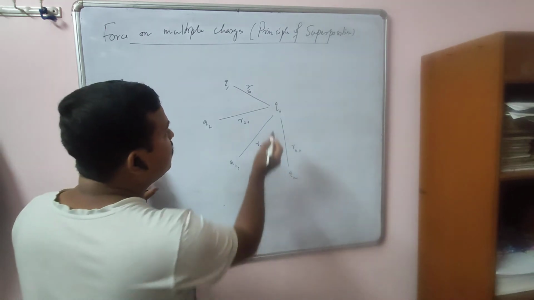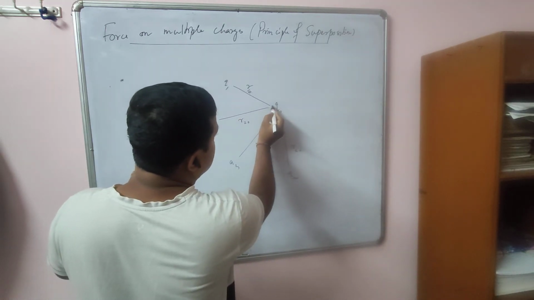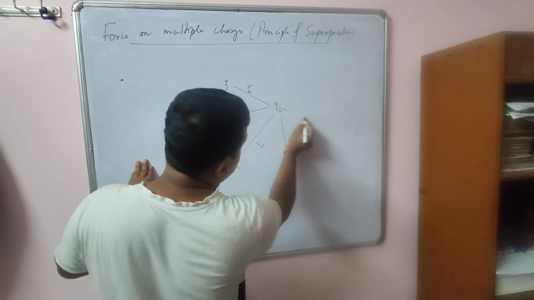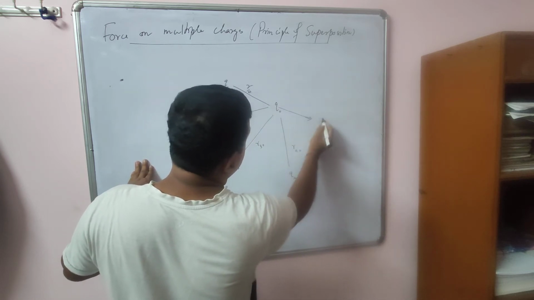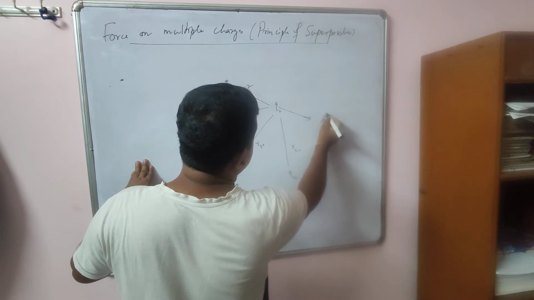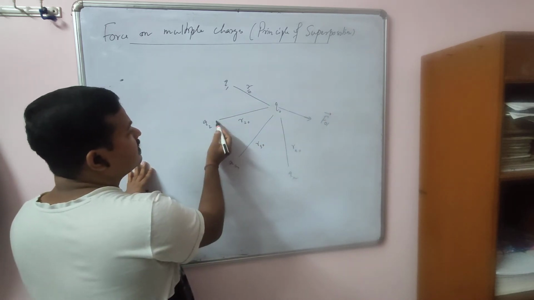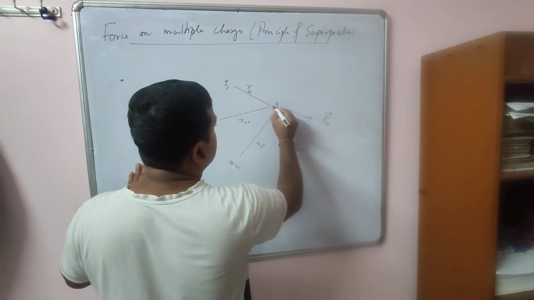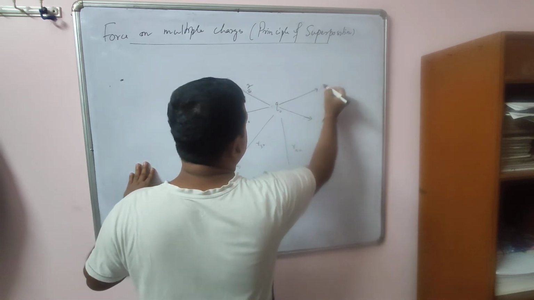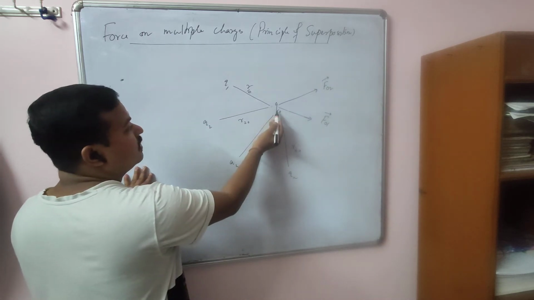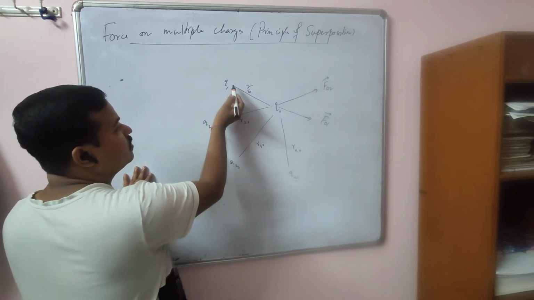That means this charge repels this. What is the direction of that? You just join the line, okay, this direction. So this is F01, where 0 means force on the charge Q0 due to charge Q1. This Q2 repels this. So this is the direction of force, the line joining. This is F02, that means force on the charge Q0 due to charge Q2.